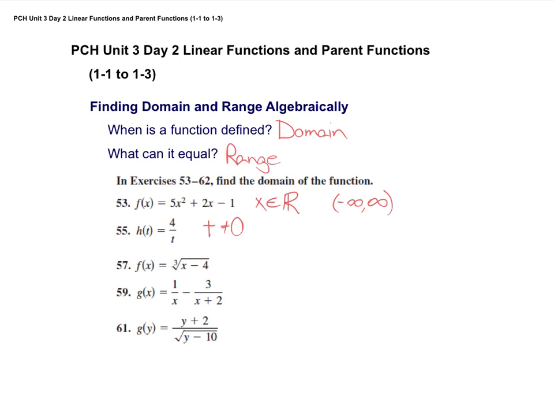T cannot equal 3 then. Okay, that would be the domain. And if you were to add parentheses to the quadratic and then do x minus something, it'd still be all real numbers, but you'd have to think about it if it were a fraction.